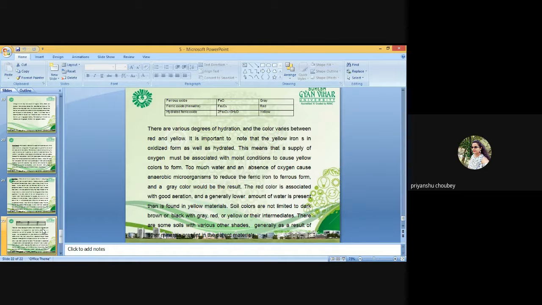Calcium carbonate, which is found in soils of semi-arid regions, imparts a white color.